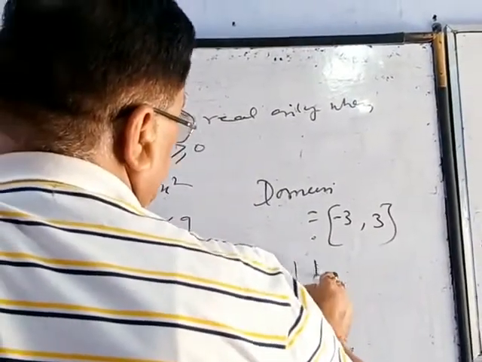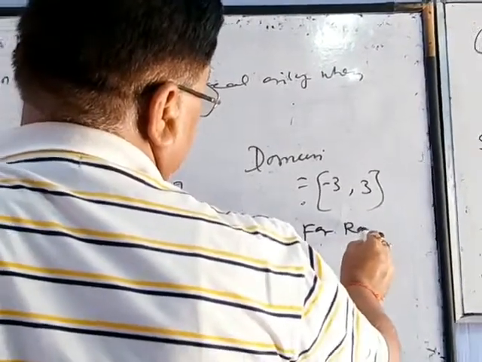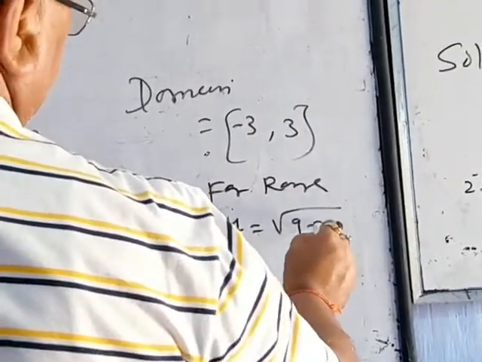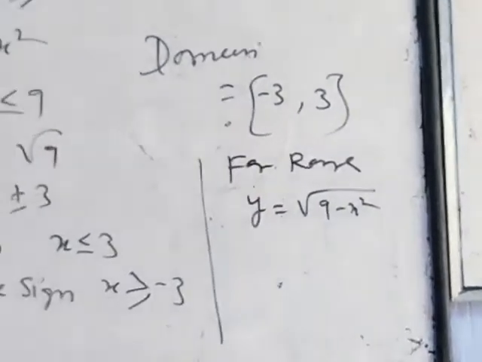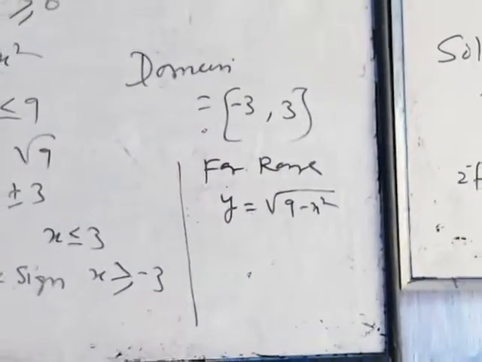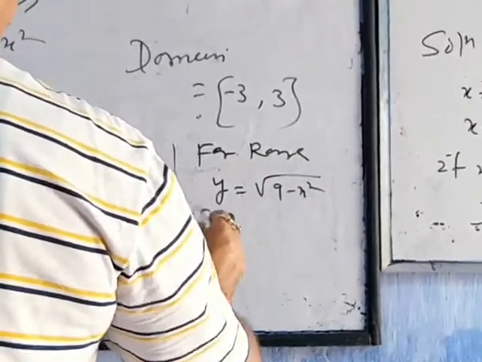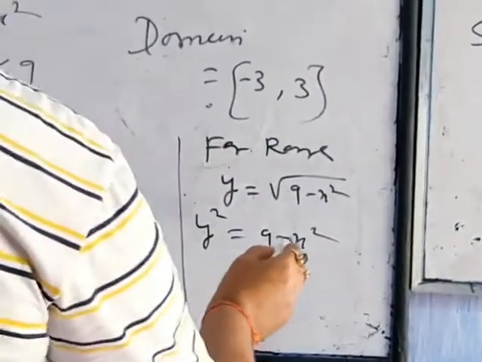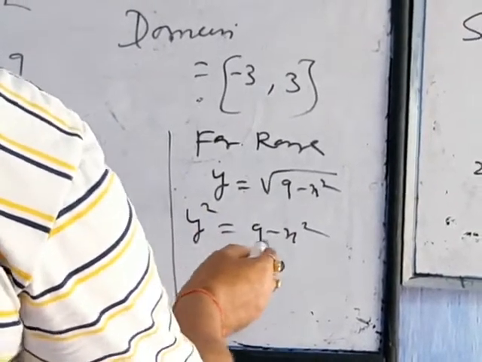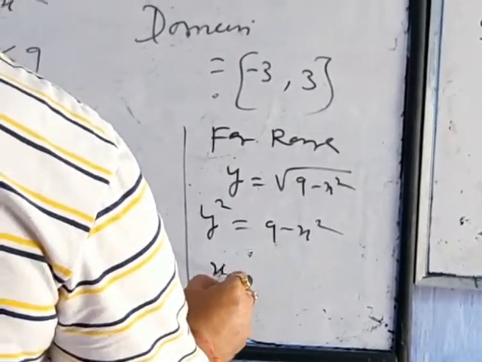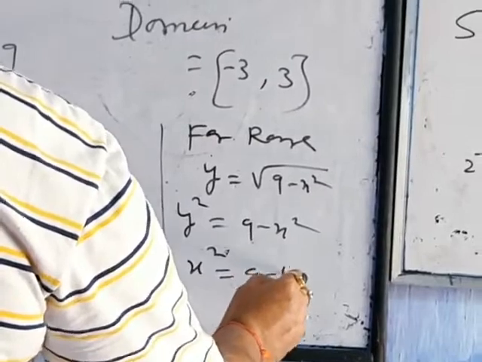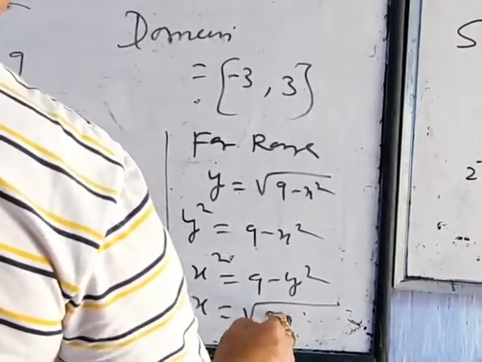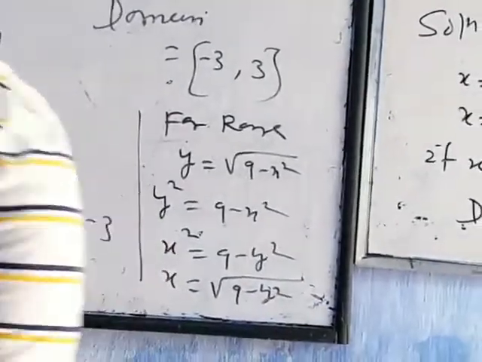For range, we take y equal to root over 9 minus x square. Squaring both sides, y square is 9 minus x square. So, for y, we take x square equal to 9 minus y square, so x is root over 9 minus y square.